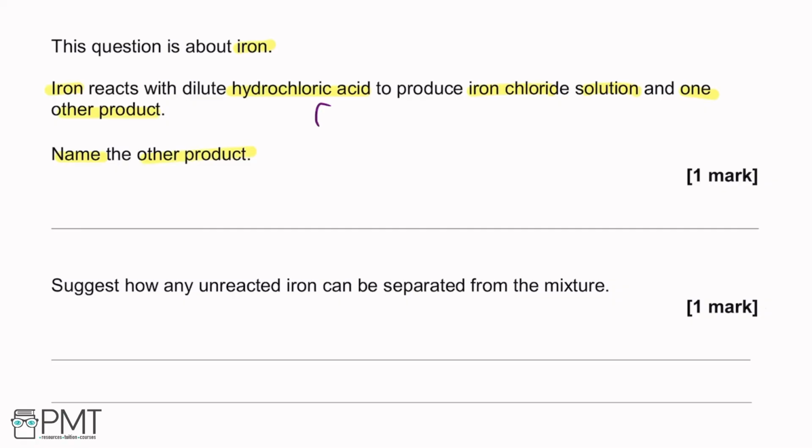So we have iron, which has the symbol Fe, reacting with hydrochloric acid, HCl, to produce iron chloride, which has the formula FeCl2, plus another product. And we need to figure out what that other product is.